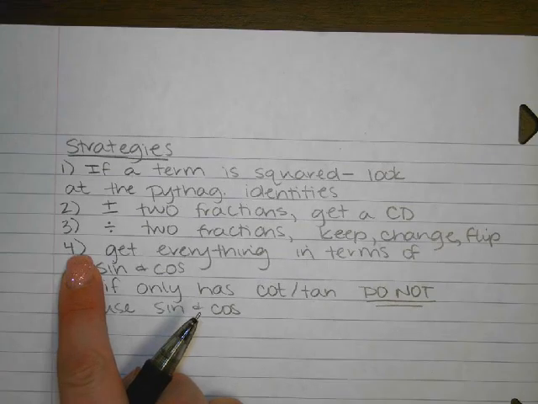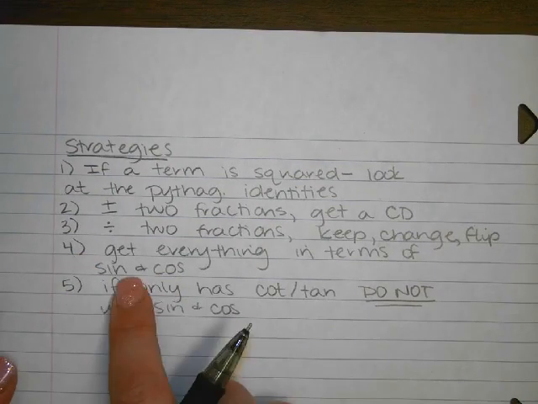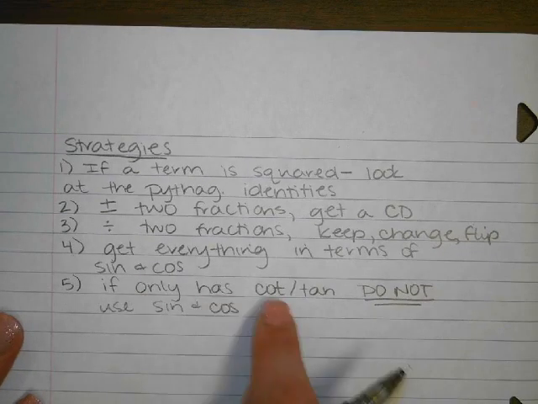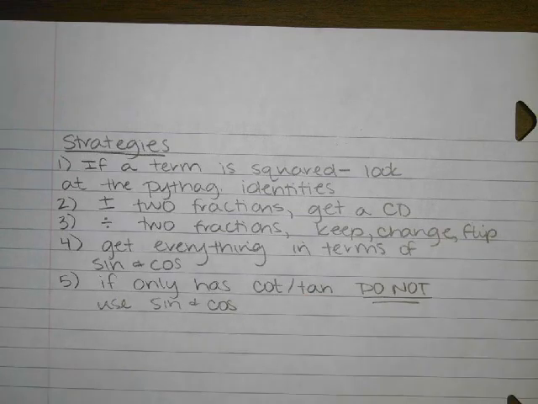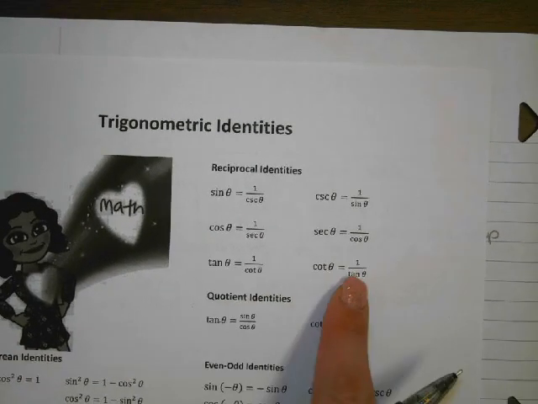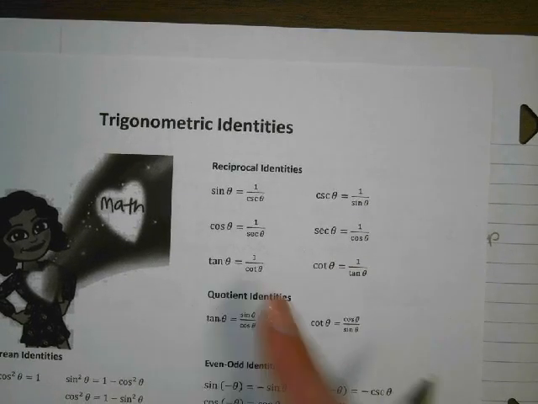And since it's only beneficial 70% of the time, that means 30% of the time that student is very frustrated. So yes, turning everything into sine and cos is nice, but if we have a problem that has tangent and cotangent, then we shouldn't do that. The reason for that is because tangent and cotangent go back and forth. So maybe these would be a little bit easier to use, okay?